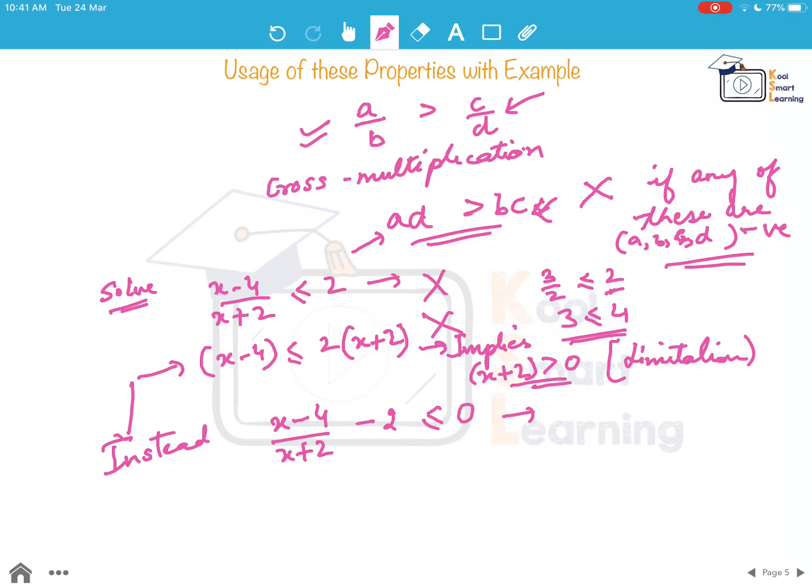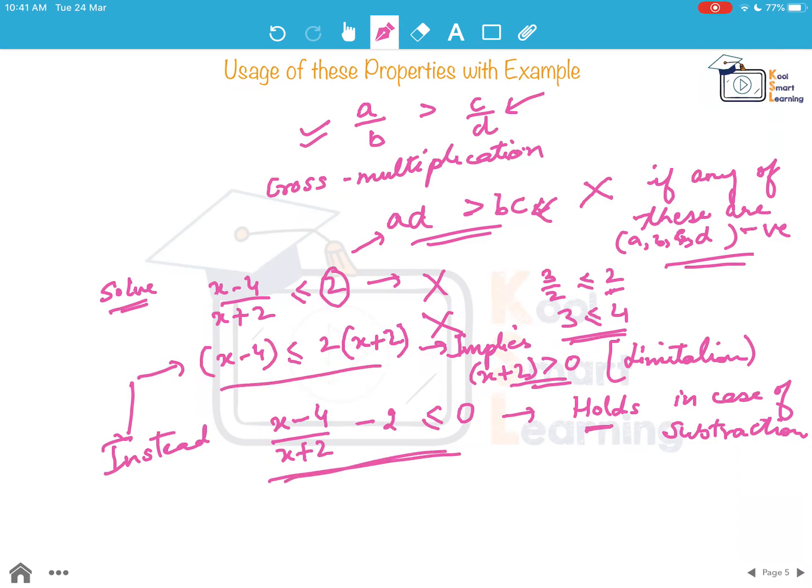Now this is where we are saying the inequality holds in case of subtraction. Now instead of 2, in place of 2, even if we had some variable, say for example x plus 3, we could have still performed that same thing because inequality always holds in case of addition and subtraction. So we could perform this to solve it.